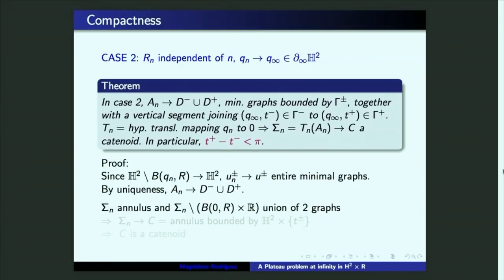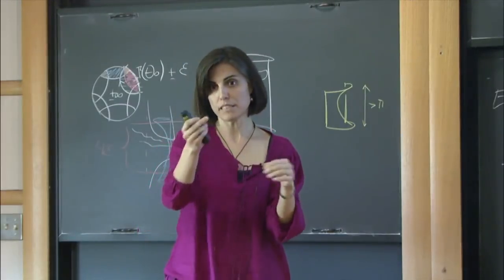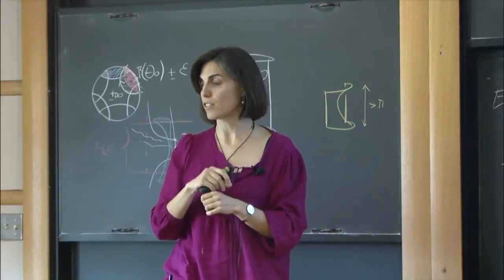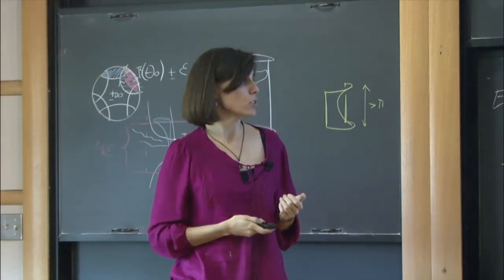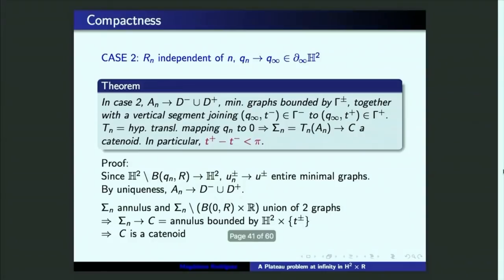And as you are doing that, exactly the same as I explained before, the boundary curves are getting flatter and flatter and flatter. And in the limit, they are going to be at constant height, okay? And now we use that the only annuli bounded by horizontal circles are catenoids. So a catenoid is forming there. This is the idea.